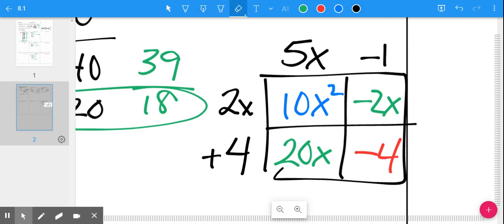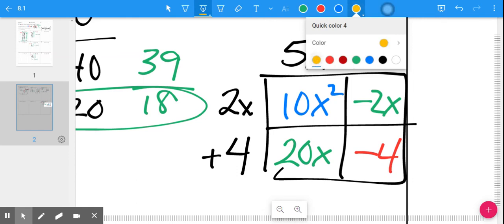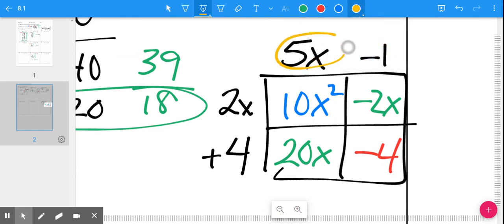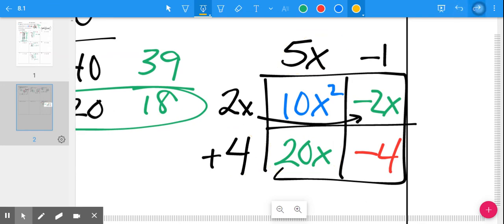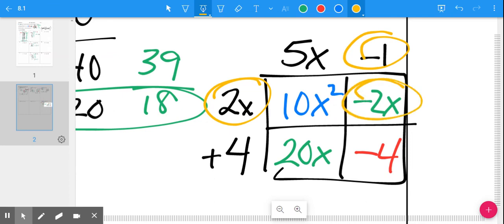So let's make sure it works before we move on. We have 5x times 2x is 10x squared. Yes. 5x times 4 is 20x. Yes. 2x times negative 1 makes negative 2x. Still works.